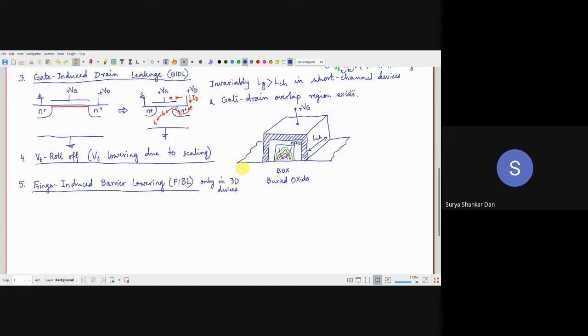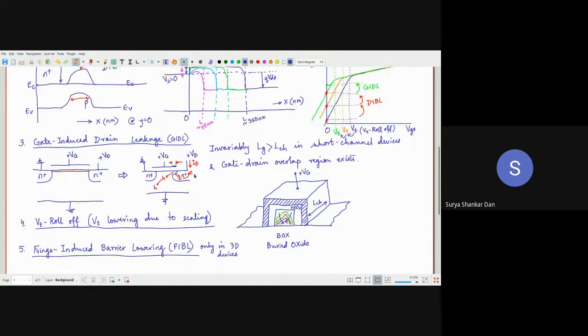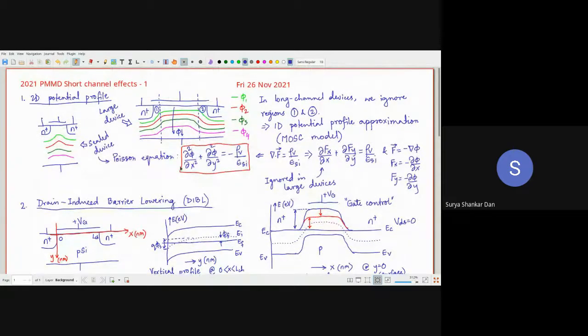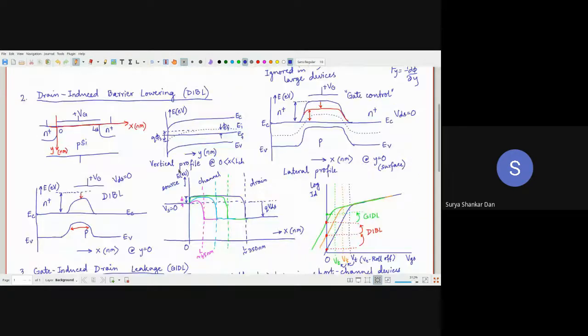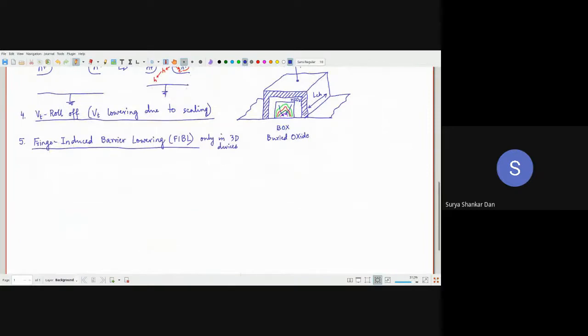So we have done 5 different short channel effects, the problematic effects. In tomorrow's lecture, we are going to look into a few others. For example, parasitics. This parasitics will be important for us. And we will also model latch up. And we will also model velocity saturation effects.